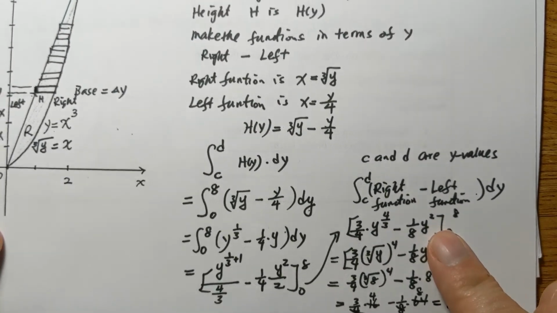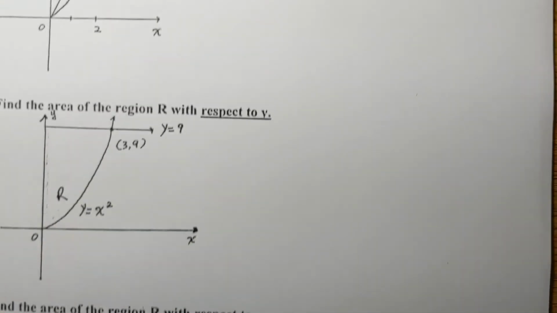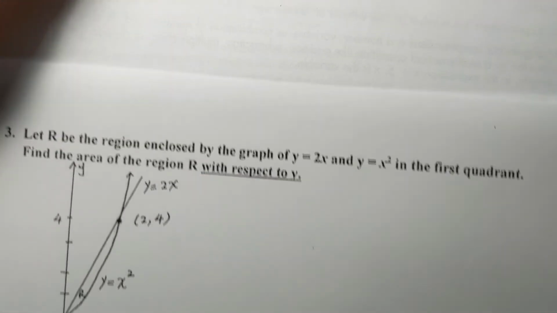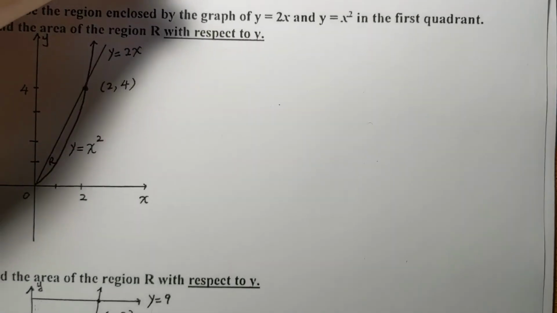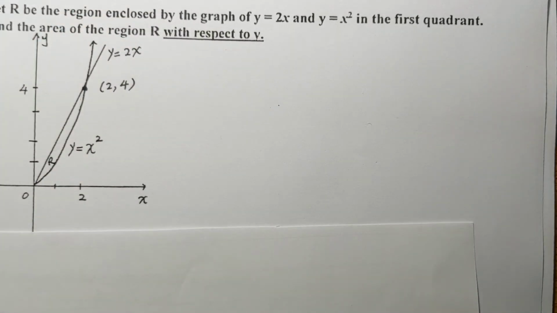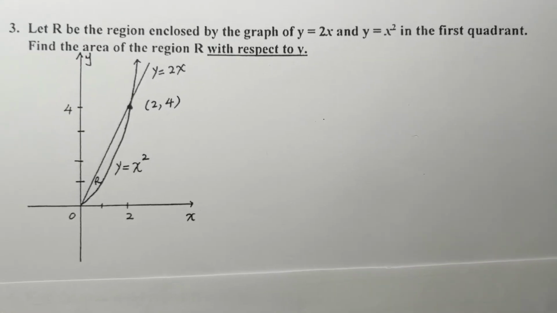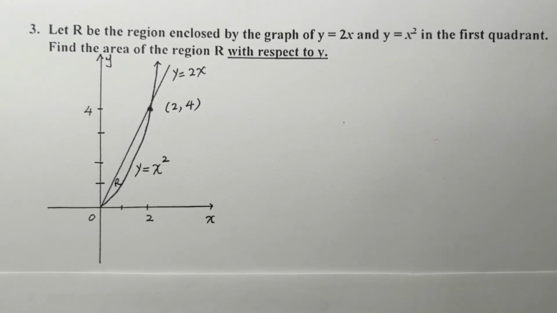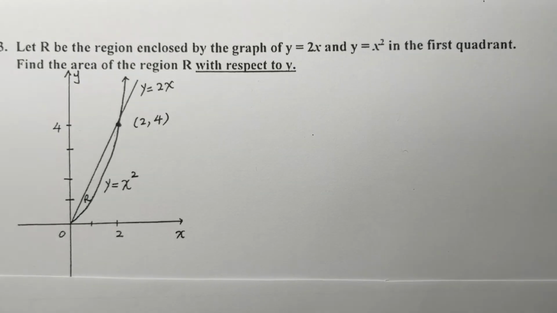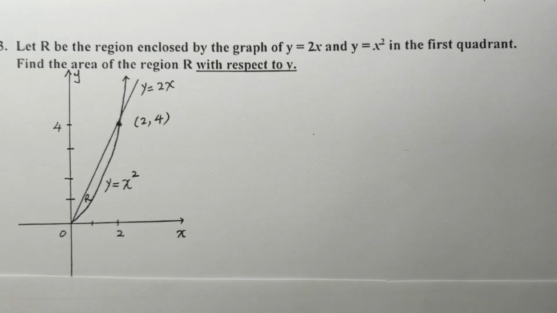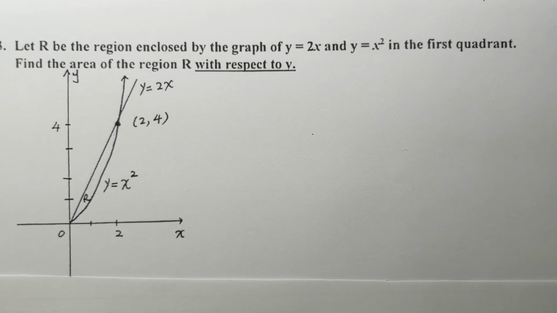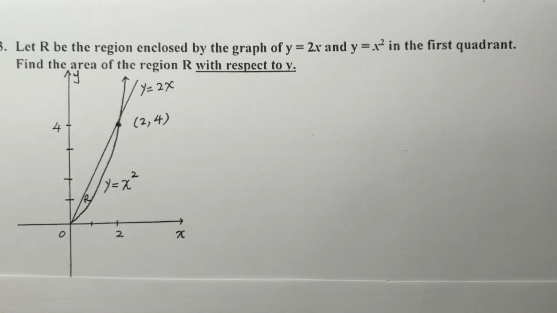Now let's go to question number 3. It said let R be the region enclosed by the graphs y equal to 2x and y equal to x squared in the first quadrant, and then you have to find the area of R with respect to y.